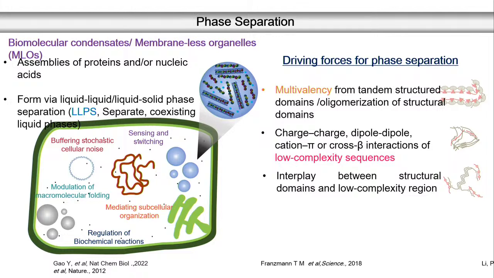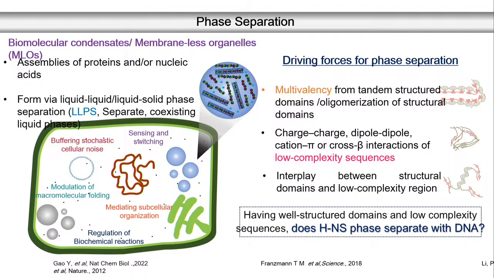The interplay between these can regulate the degree of phase separated condensates found within the cell. You also have something called multivalency: when you have repeated domains in a structure, these can interact via heterotypic interactions and form condensates as well. All of this has been studied quite a bit over the last decade or so.